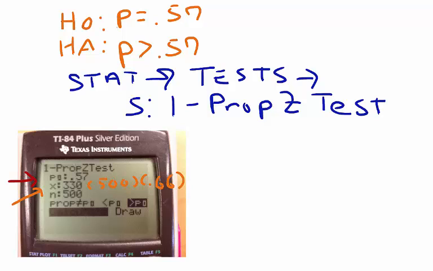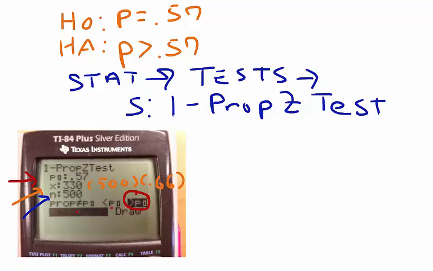In the next field, we put our sample size, n, of 500. Then we need to determine whether we're conducting an inequality test, a less than test, or a greater than test. Well, since we know that we're looking to see whether the proportion of violence on television is significantly higher, then we're selecting the greater than.